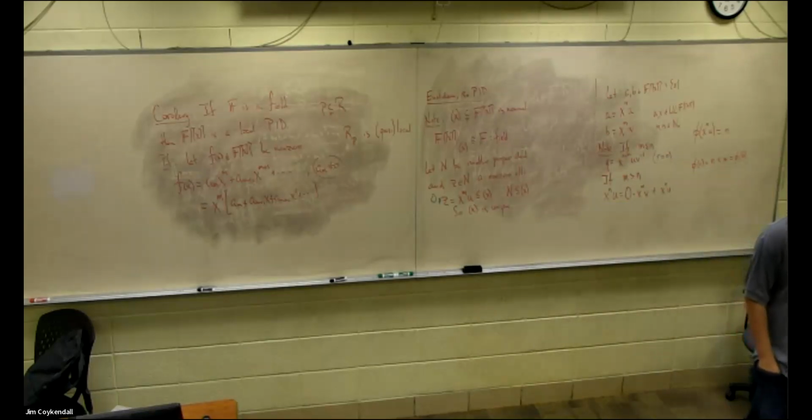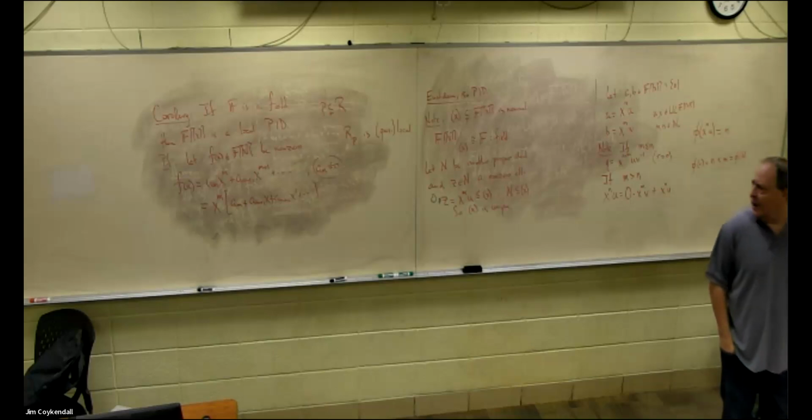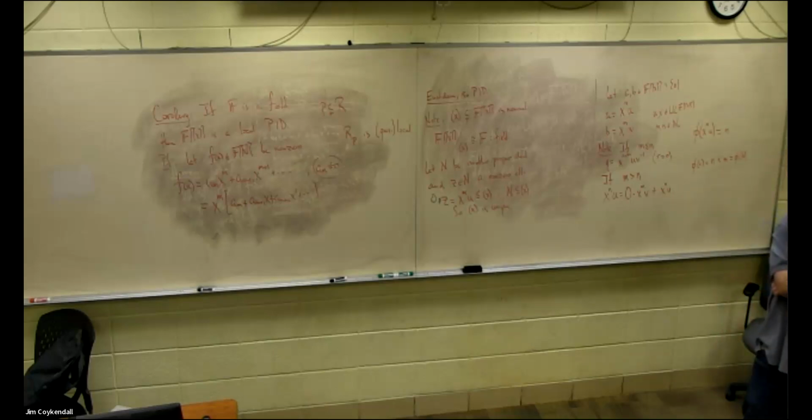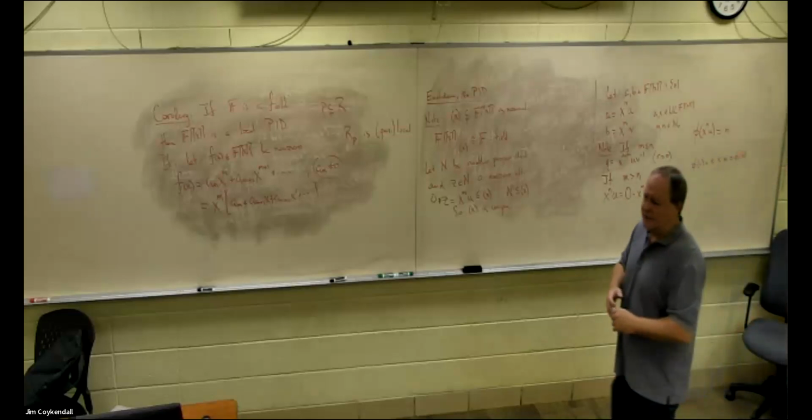It's a localization technique: you look at curves at a point, and you get a local ring. The terminology used in my branch is that local usually means quasi-local, which means unique maximal ideal, plus the Noetherian condition. But some people just use local for anything that only has one maximal ideal. I use the terminology quasi-local for something that only has one maximal ideal, and if I say local, I mean it's also Noetherian.